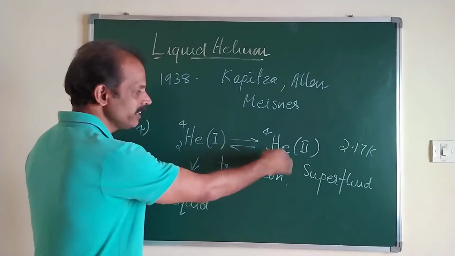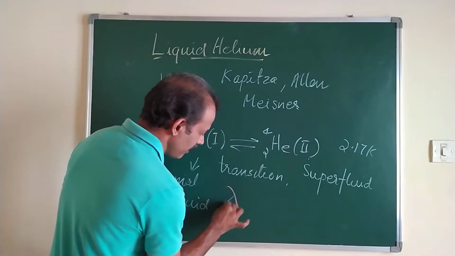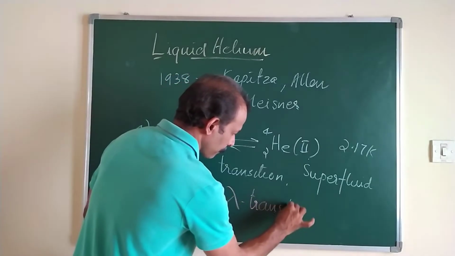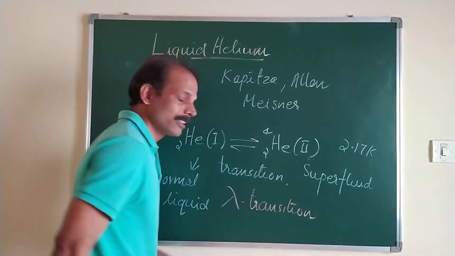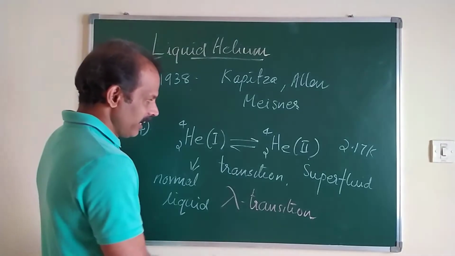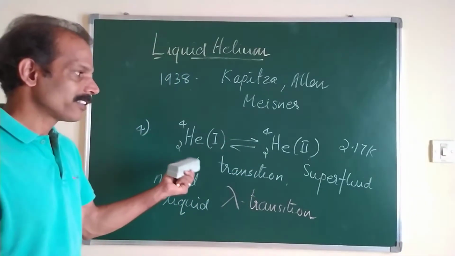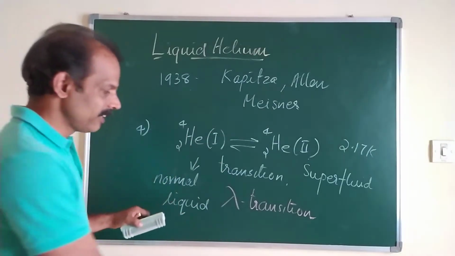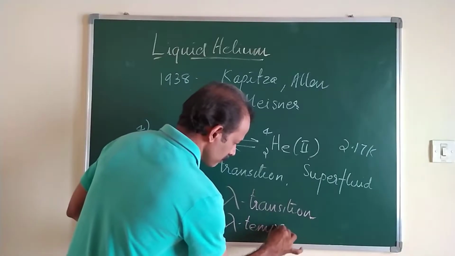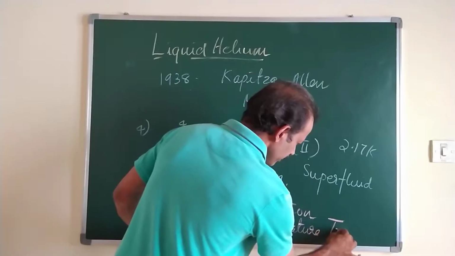This transition is generally known as the lambda transition. We will discuss later why the name lambda comes. The temperature of transition is known as the lambda transition temperature, or simply the lambda temperature, and is denoted as T lambda.